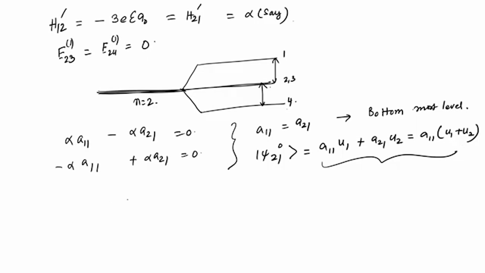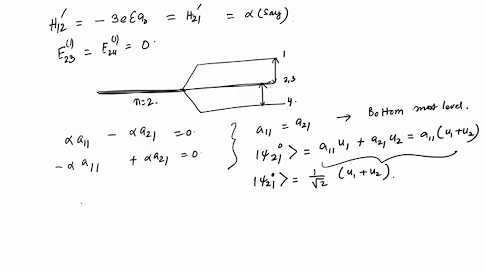It is easy to normalize, because there are 2 functions. So, psi 210 is equal to 1 by root 2 times U1 plus U2, that is the lowest one.